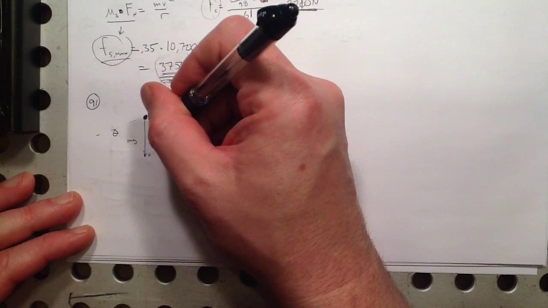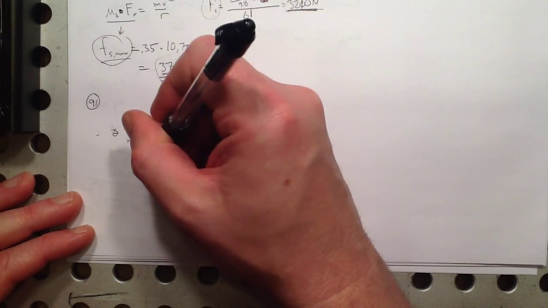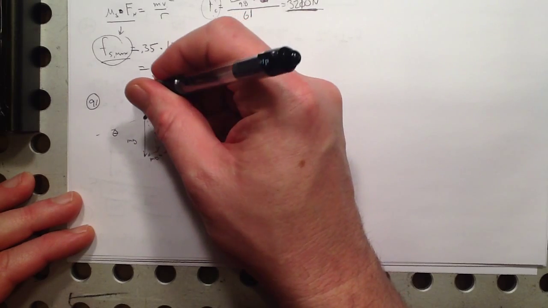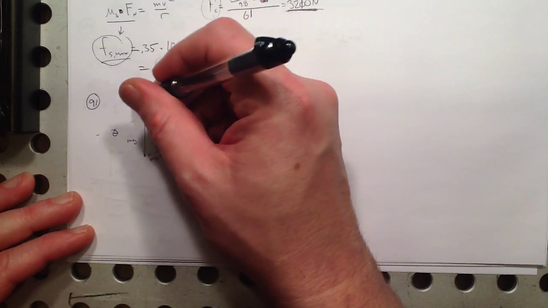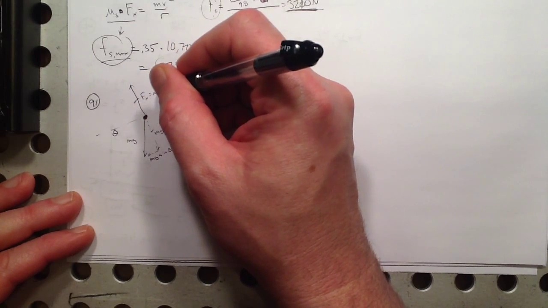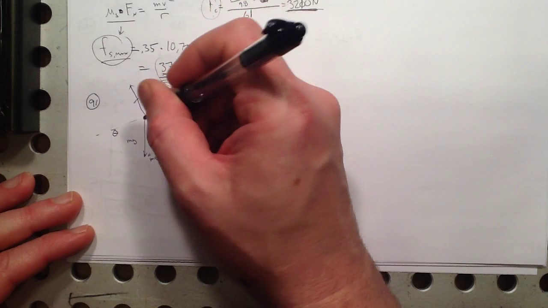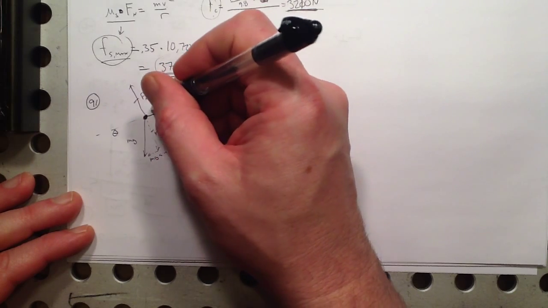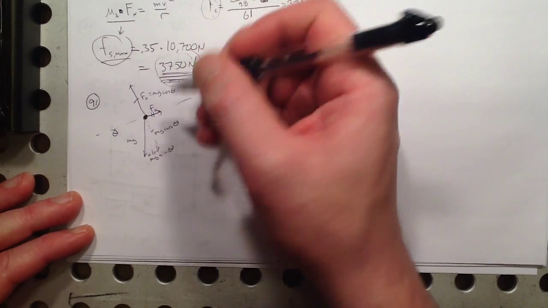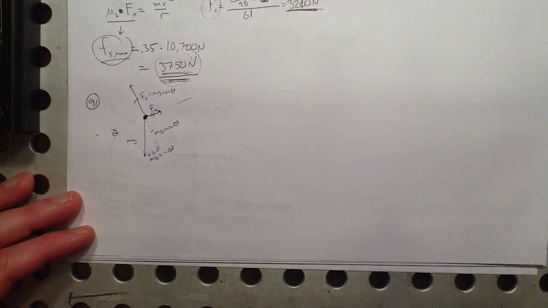So we'd have here, this would be mg cosine theta, this would be mg sine theta. The normal force would be balancing this part of the gravitational force like it does in every single problem, equal to mg cosine theta. And then if it's moving at a constant velocity, then the kinetic frictional force would be equal to that.